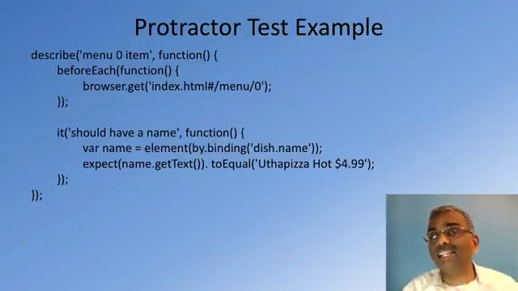Browser get is essentially telling the browser window to go to this URL and fetch the data from the server at this particular URL. This will be added to the base URL that you have specified in your protractor configuration.